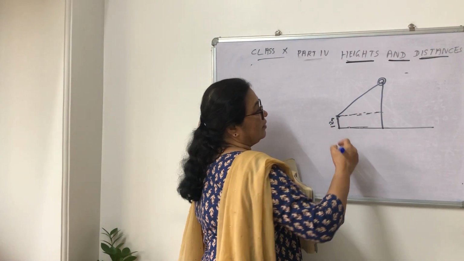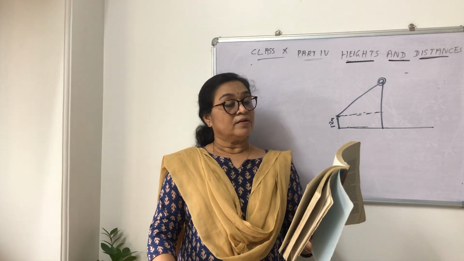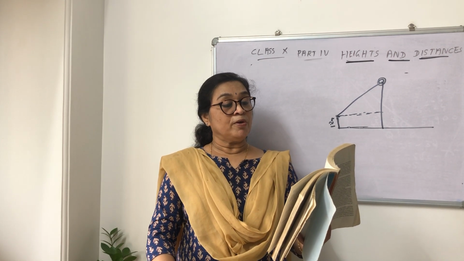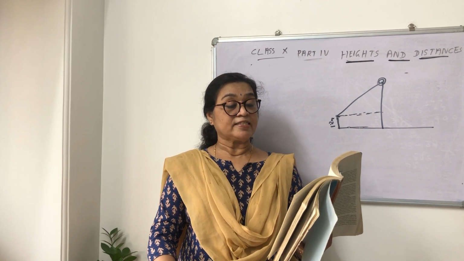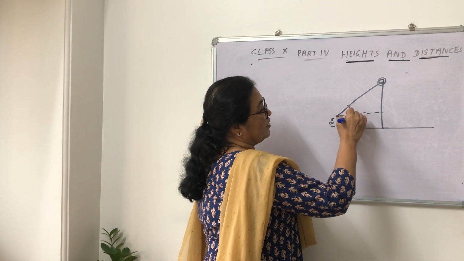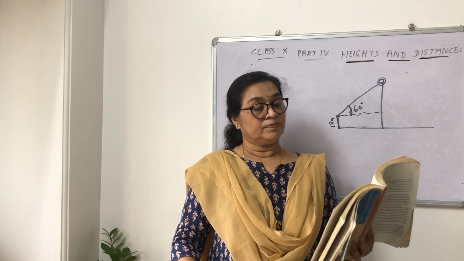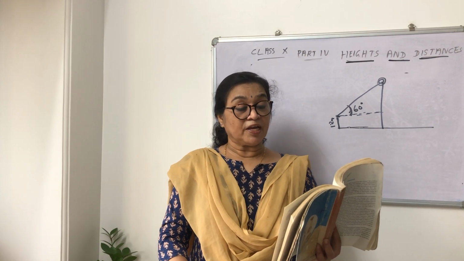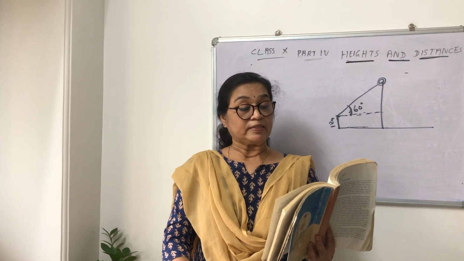And then the angle of elevation of the balloon from the eyes of the girl at any instant is 60 degree. So this angle of elevation is 60 degree. After some time, the angle of elevation reduces to 30.